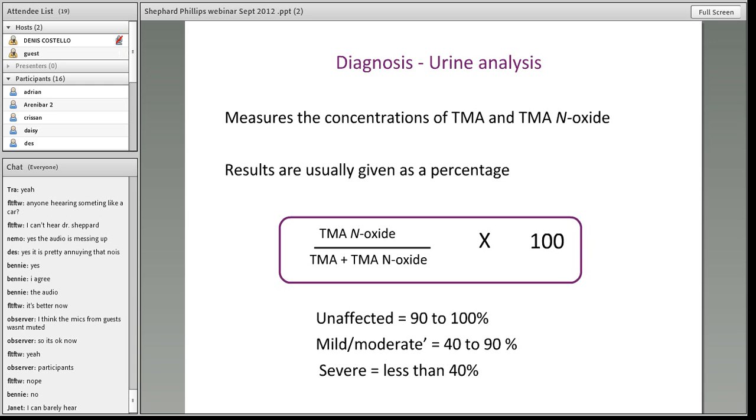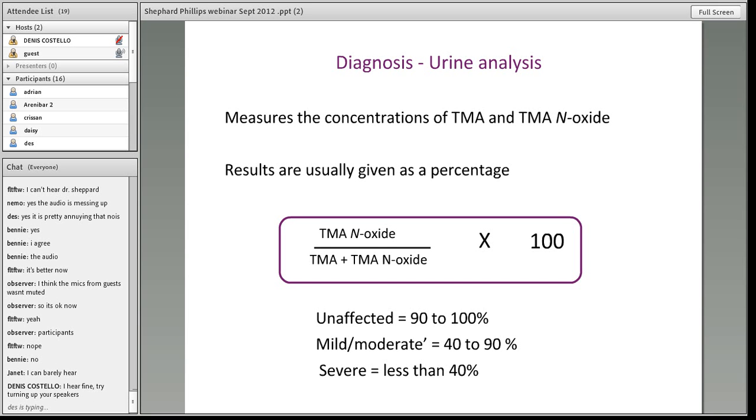Now, we can prove that changes in DNA are responsible for the disorder, but most people would have a urine analysis diagnosis for TMAU before they would have a genetic diagnosis. And the urine analysis, as many of you will know, measures the concentrations of trimethylamine and the amount of trimethylamine that has been converted to trimethylamine N-oxide.